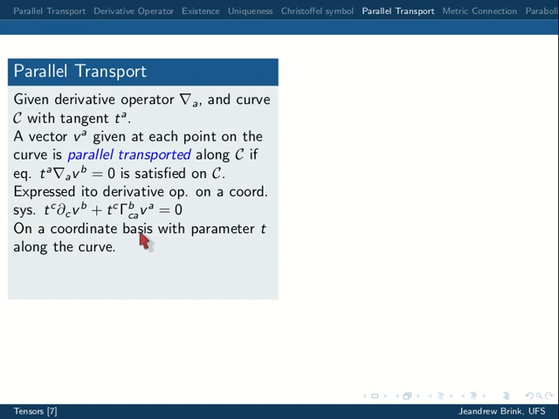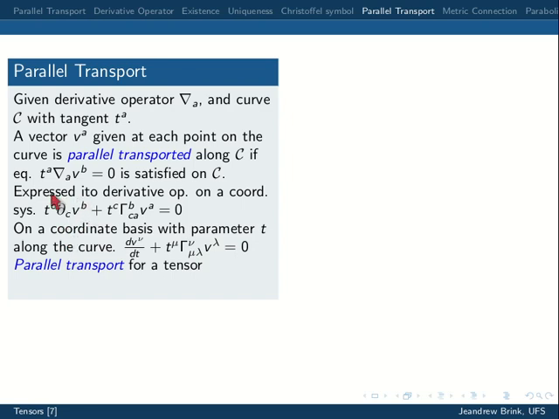And if you are working in a coordinate basis where t is a parameter along the curve, so this t is now not the vector T, what you can then write is T^C d_C V^B is simply dV/dt plus T^mu times gamma contracted with V^lambda.